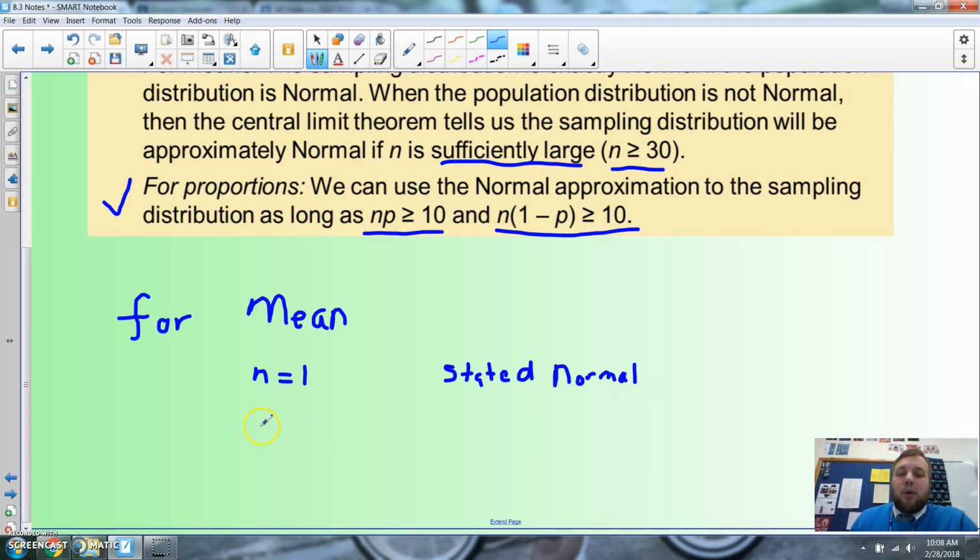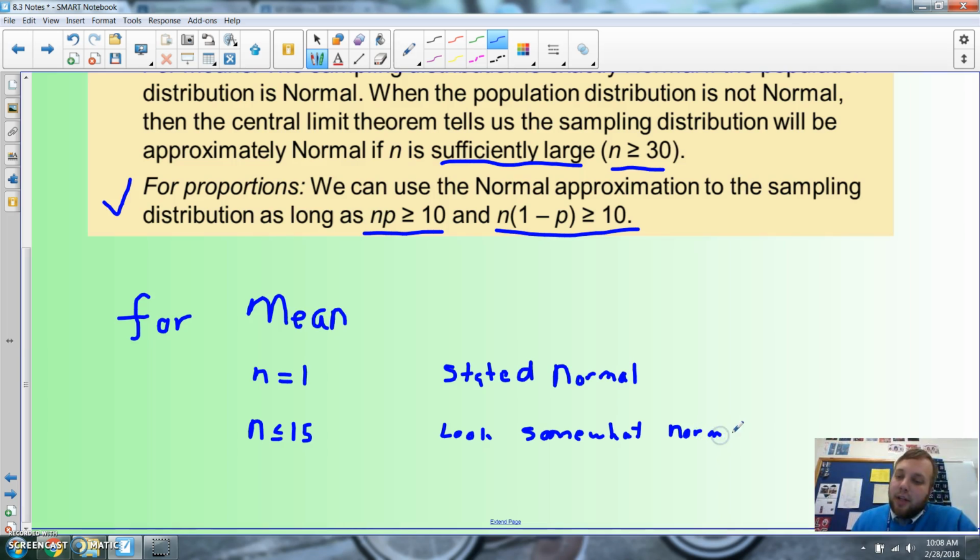Well, then we get a little bit more in depth. If n is less than or equal to 15, and it looks somewhat normal, we know it's normal.